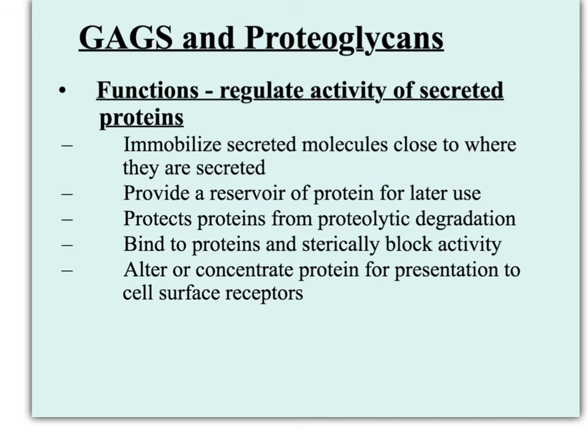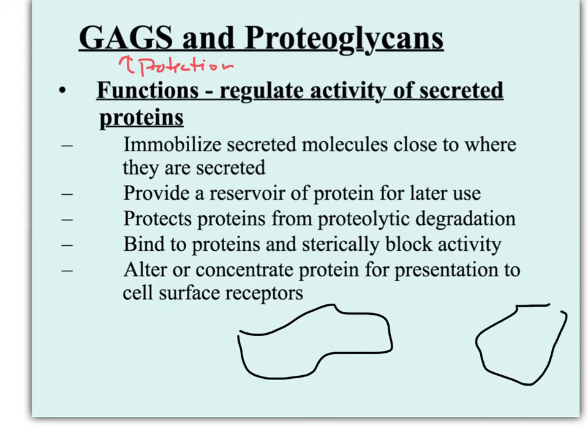Now, the functions of GAGs and proteoglycans. So the function is for protection mostly. After protection, what else do these things do? Well, if we look down this list, immobilize secreted molecules close to where they are secreted. What's that talking about? That's talking about if you have a cell and there's another cell over here, and this one is secreting something.